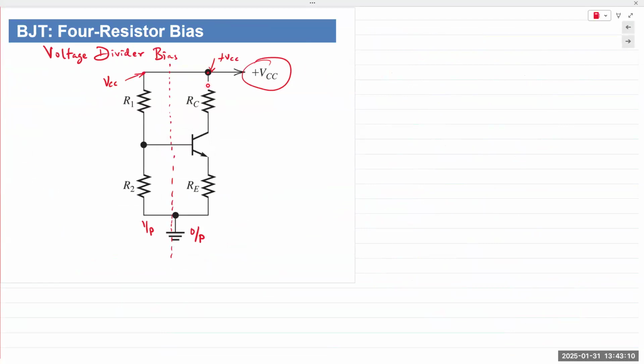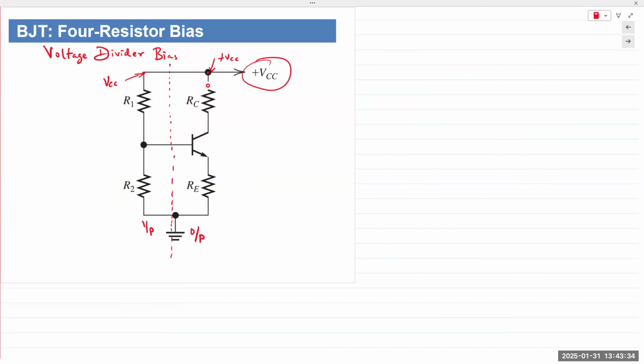And obviously the 4-resistor name comes from the fact that you have R1 and R2, two resistors connected to the base, one collector resistor, and one emitter resistor. Okay, so 4 different resistors, hence a 4-resistor bias.